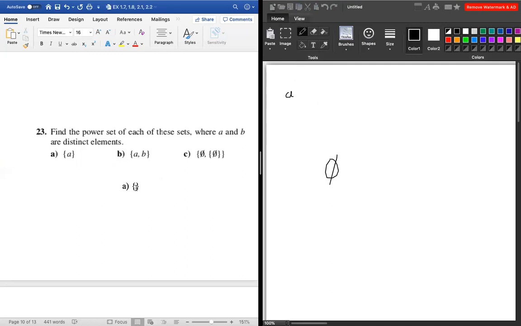I'm just going to write empty here, but you should draw the symbol during exams or in your tests. The empty set is a subset of every set, so in the power set, this will always be there. So here we have the empty set, and then the other set, which is A itself, the set of A. These are the only two sets this power set contains.